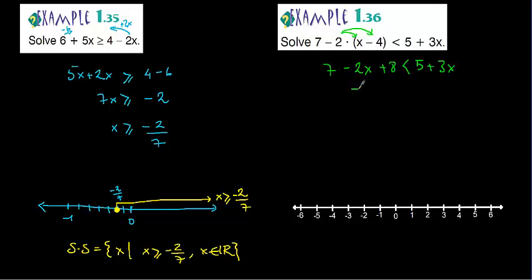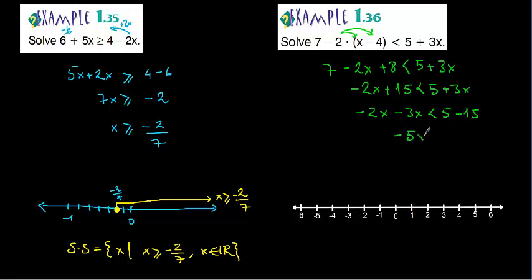Then we should add minus 2x to both sides: 7 plus 8 is equal to 15, less than 5 plus 3x. Now we are going to collect the like terms together, so minus 2x and minus 3x is less than 5 minus 15.